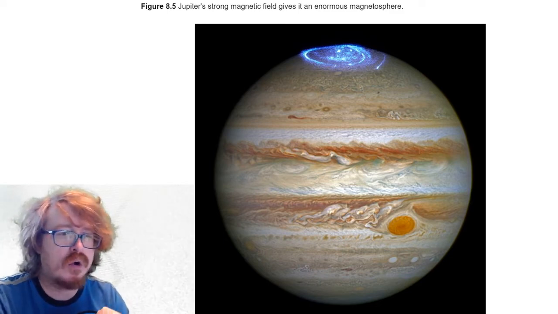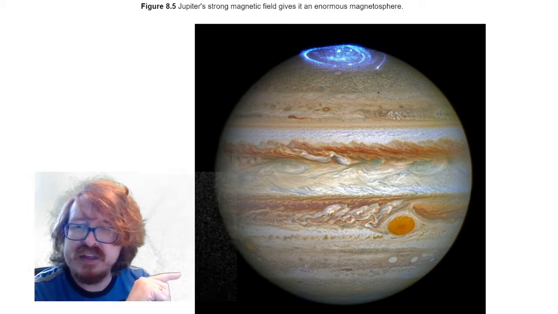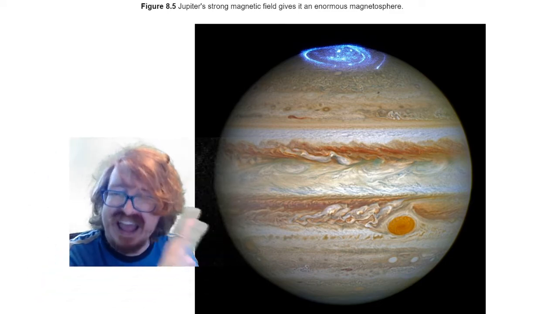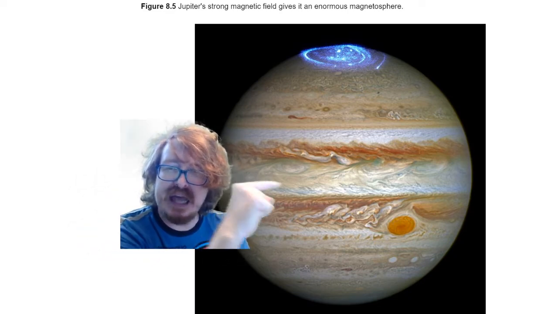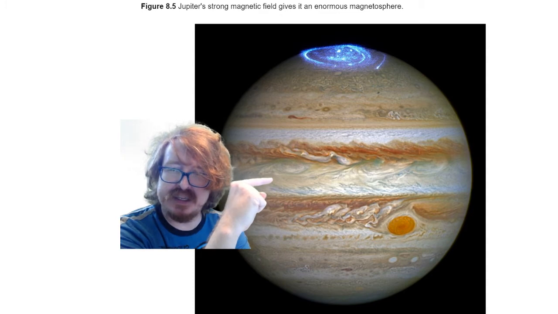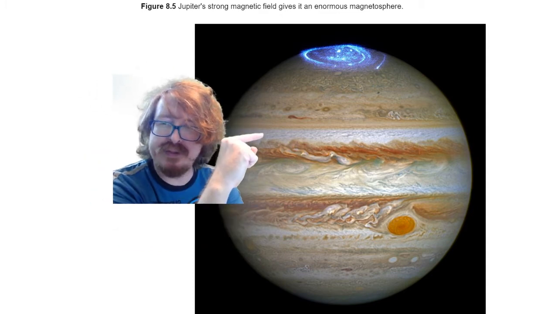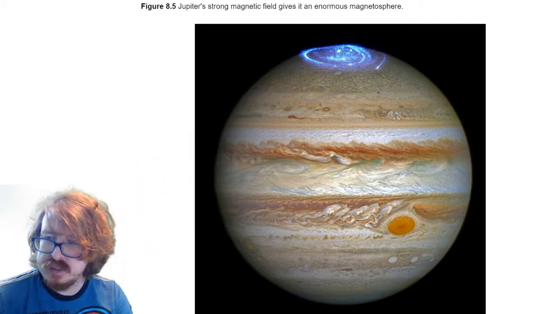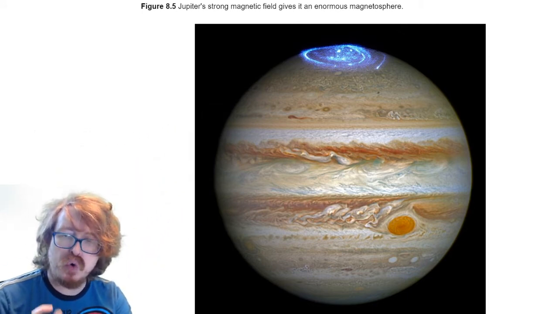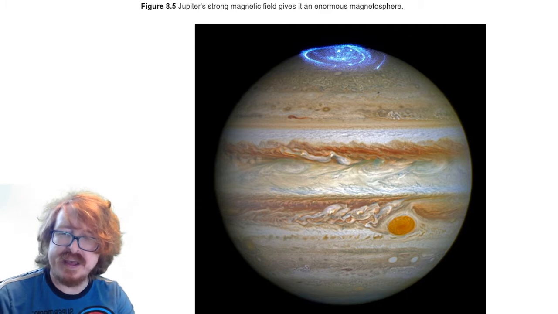If we look right here, and this is for Jupiter and Saturn, everything I'm saying right now applies to both planets. The light colored stripes, like this one or this one, are called zones. That's Z-O-N-E, okay?